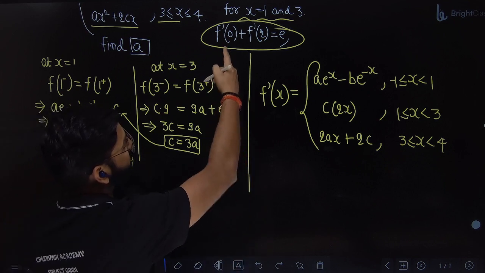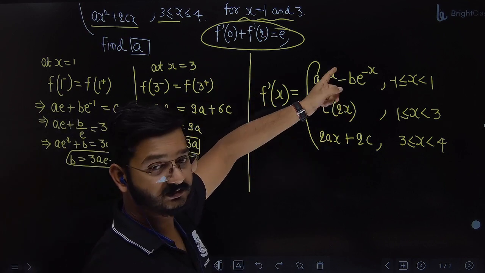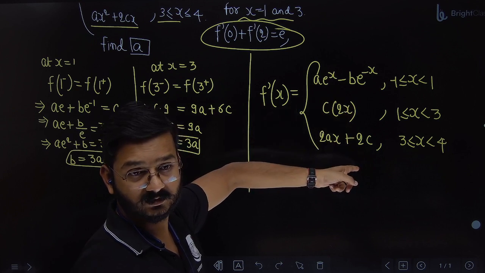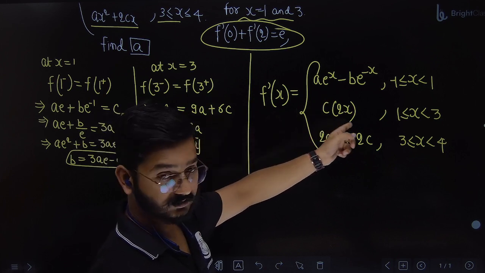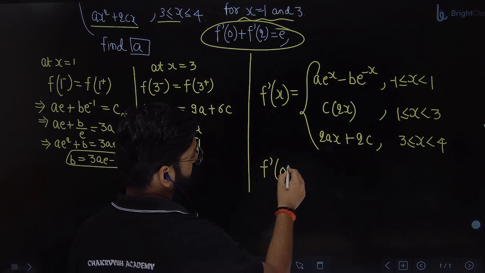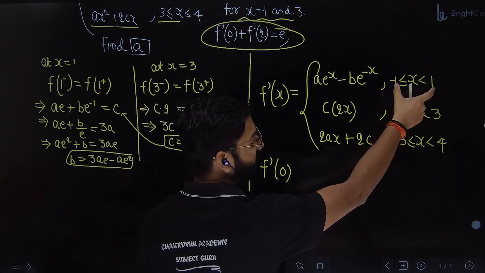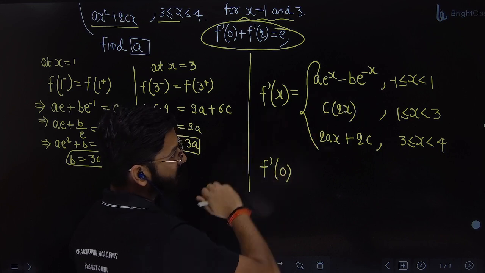So f dash 0. For 0, which function will you use out of these? First one. For 2, which one? Second. So f dash 0, because this is defined between minus 1 to plus 1 and I want 0. 0 lies between minus 1 to plus 1.